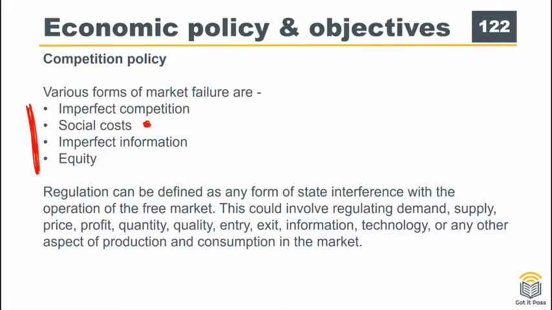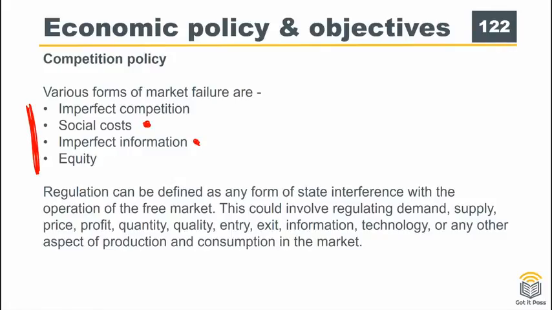Some pollution or some industry in the city is not good because the pollution cost is too high. So they have regulations of no industries in the city, for example. Or imperfect information: maybe some of the information is controlled by only one or two organizations. So the government would like to intervene in the market by providing free information for the public.